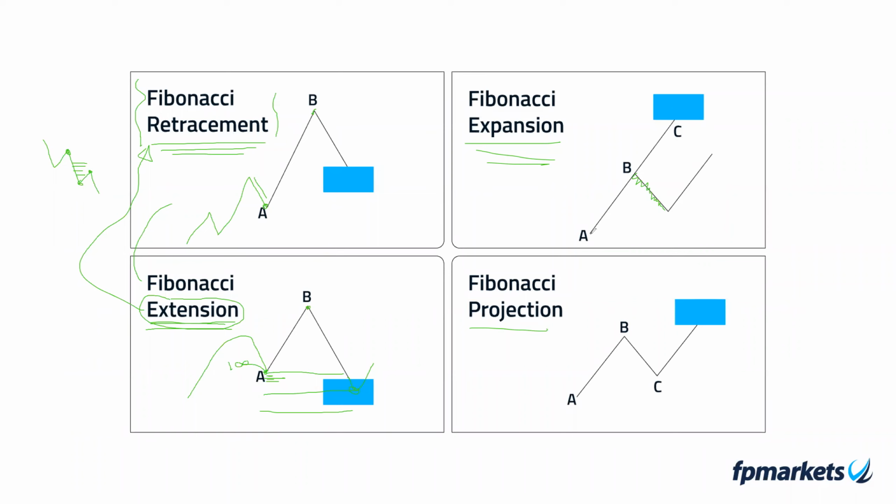And this is really, I would say, a 2-point structure, but what you have to do is start at point A here, drag the expansion tool to point B here, and then pull it back to point A. And what that will do is offer you some expansion levels at point C. So this could be in the form of a 1.272 expansion or a 1.618 expansion.